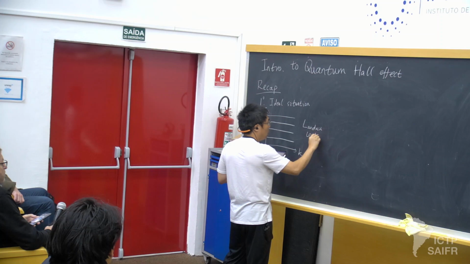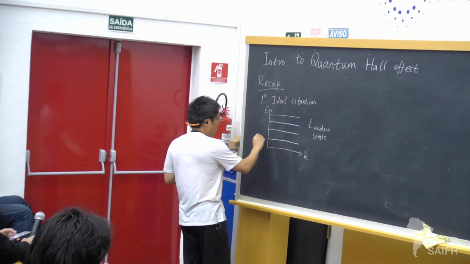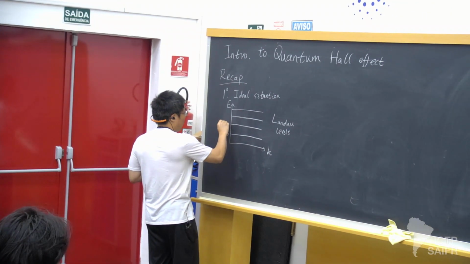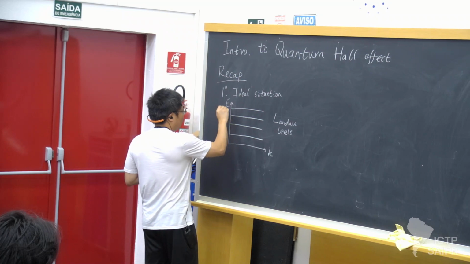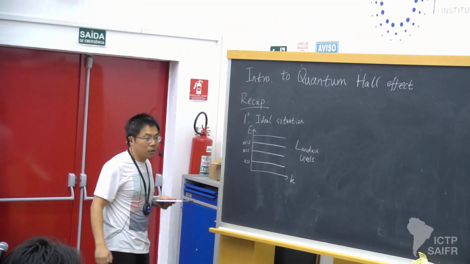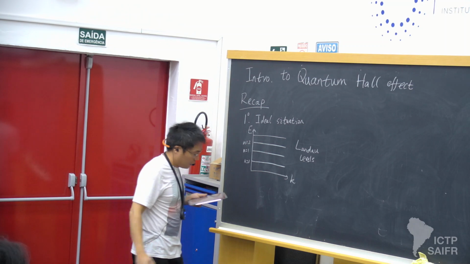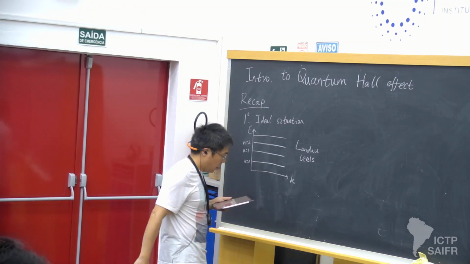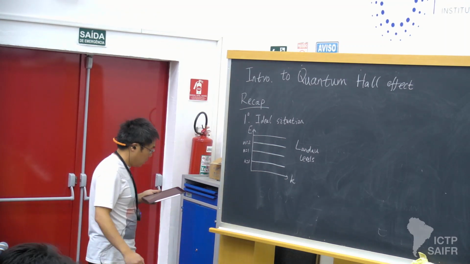And each Landau level has a very extensive number of degeneracies, which is basically how many flux quanta there are in the system, right?